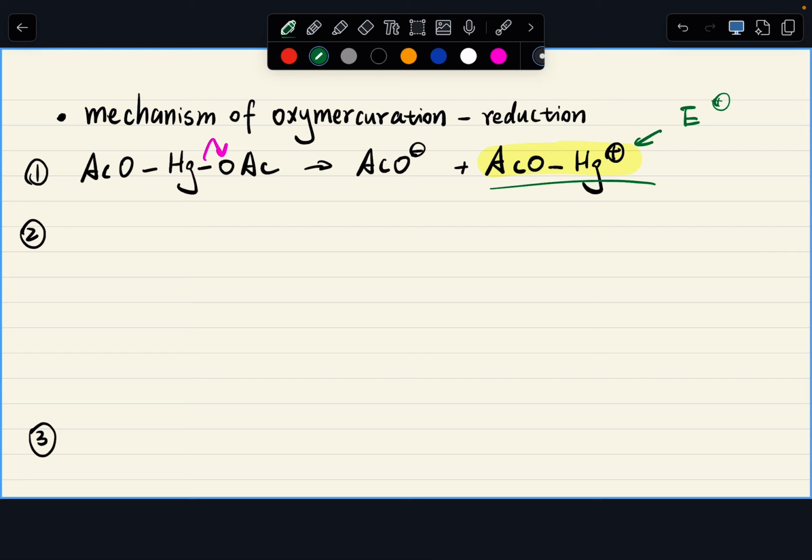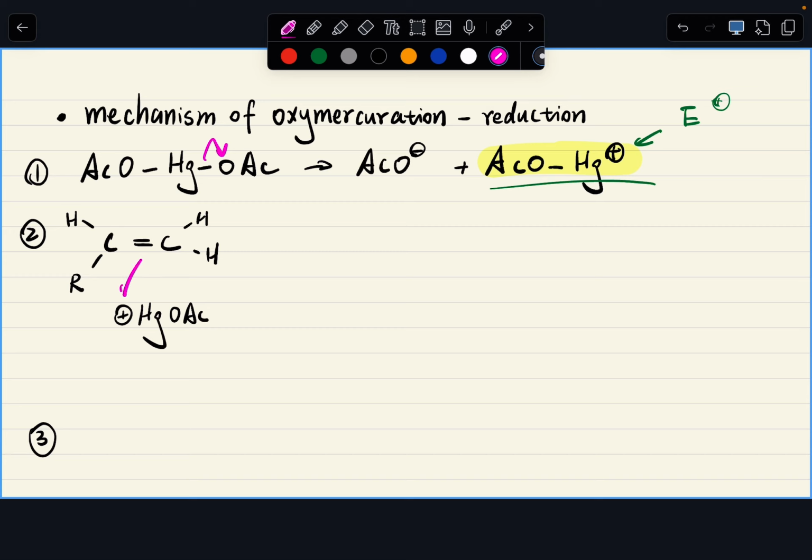Now from here, you should be very familiar with how to write out the rest of the reaction. What do we know? Well, it's the same thing. We start from my carbon-carbon double bond with different groups on it, and you have an Hg+ OAc, right? So that's our electrophile.